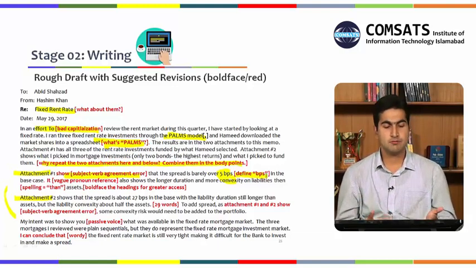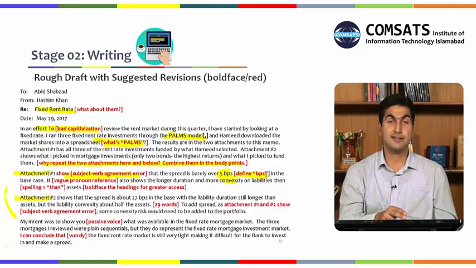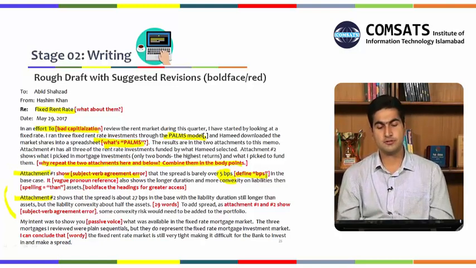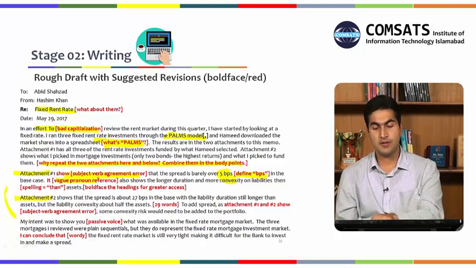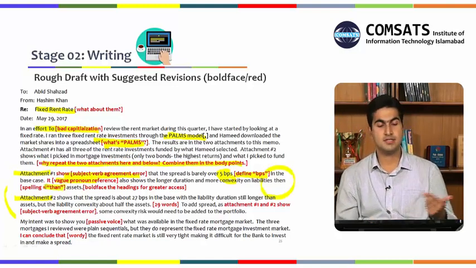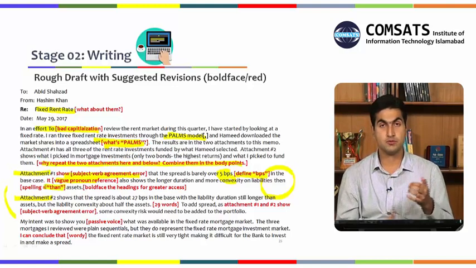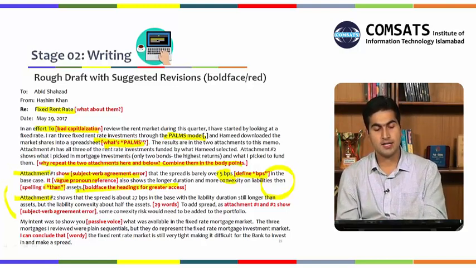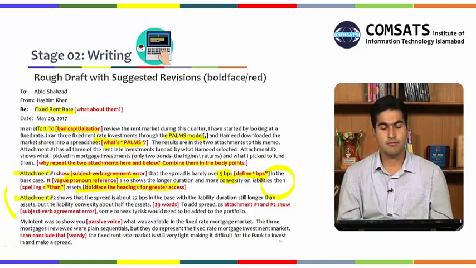Now I pronounced it in this way, but again it's written in an incorrect form, that it also shows the longer duration and more convexity, so a vague pronoun reference. Again a mistake of this then, instead of this then, there is a wrong use of this word then, and over here again a new error has been highlighted, boldface headings for greater access.